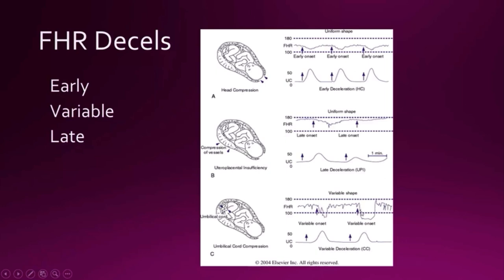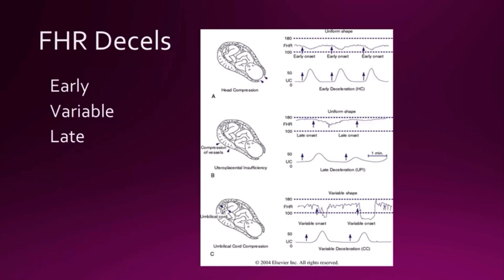So you can tell even with this one, even though it lasts longer, it jumps back up pretty quick. Those can occur with or without contractions, but most of the time we do see them with contractions. And your variable decels are going to indicate cord compression. So somewhere that baby's cord is being compressed in some way.